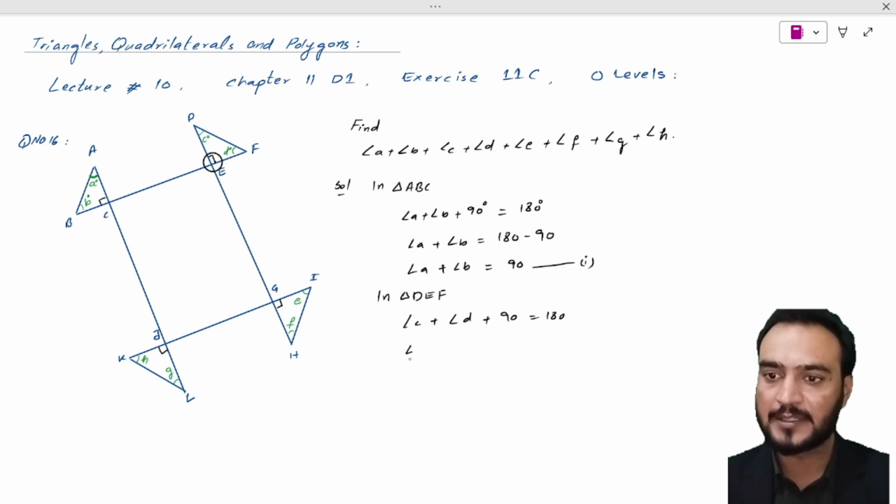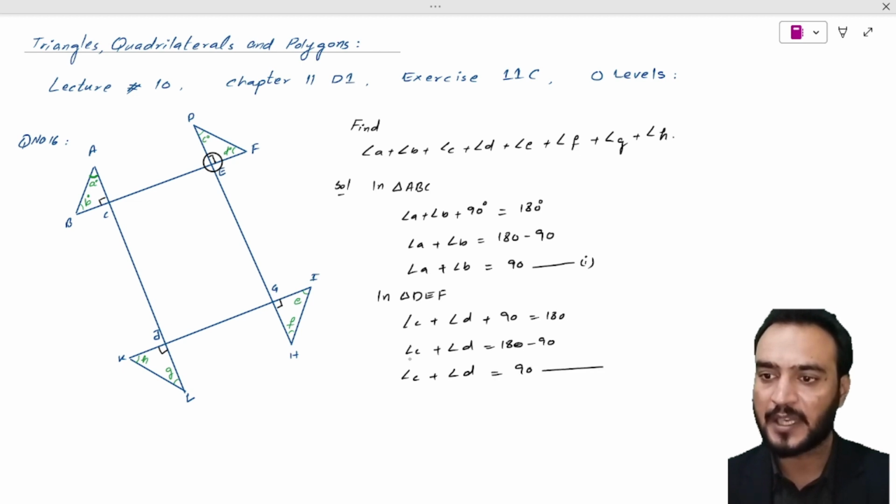Solving this, 180 minus 90, we get the second equation: angle C plus angle D is equal to 90 degrees. This is the second equation.